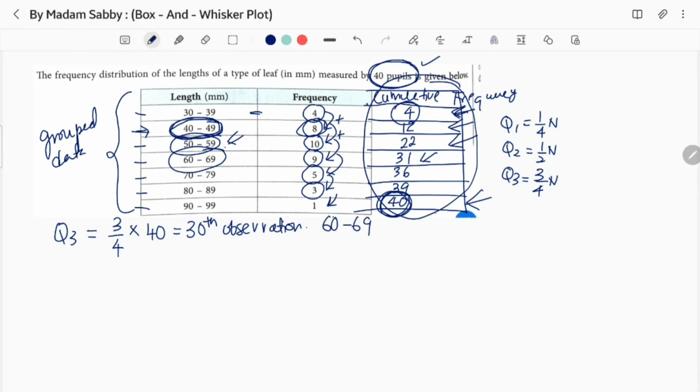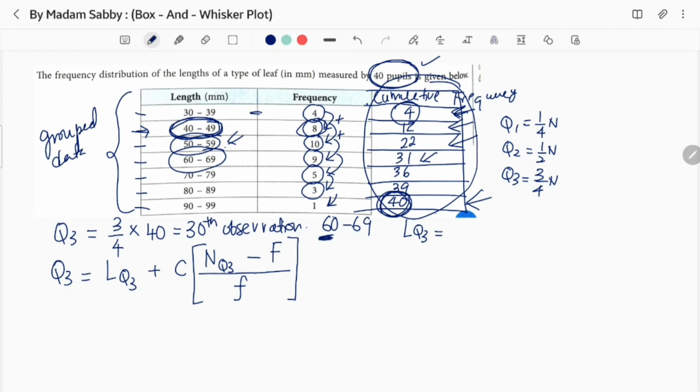For us to calculate the value of your third quartile, as usual, we're going to use this formula. Q3 equals LQ3 plus C, times NQ3 minus the cumulative frequency of the previous class, over the frequency of the class interval that contains your third quartile. The lower boundary of your third quartile class is 60 minus 0.5, which is 59.5.